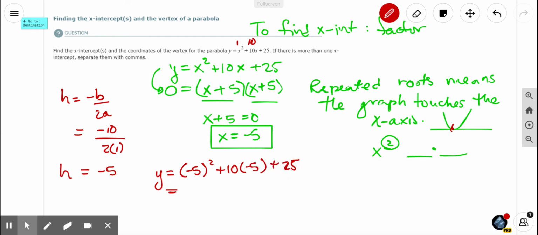And watch what happens. You get 25 minus 50 plus 25, and you get 0, which you could have told because here it is again. y equals 0, x equals negative 5. So for this problem, negative 5, 0 is your vertex, and your intercept is also negative 5.